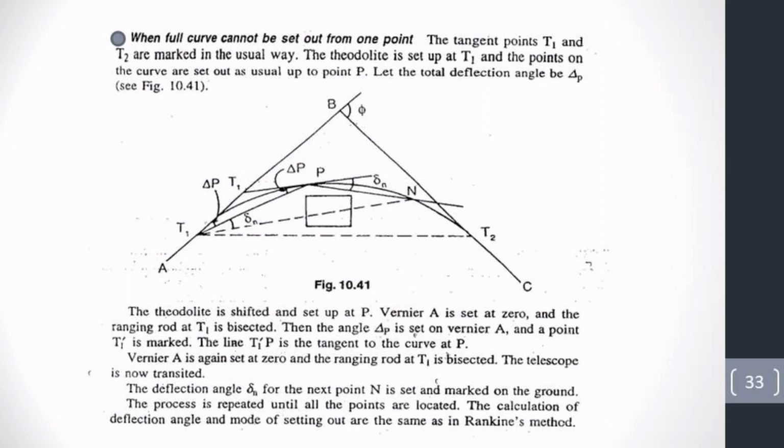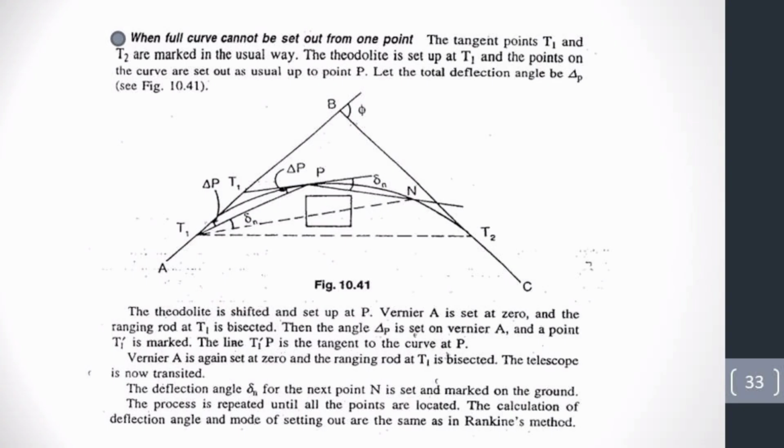Then vernier A is set at 0 and the ranging rod at T is bisected. When the total deflection angle for P is set on vernier A, a point T1 is marked again.